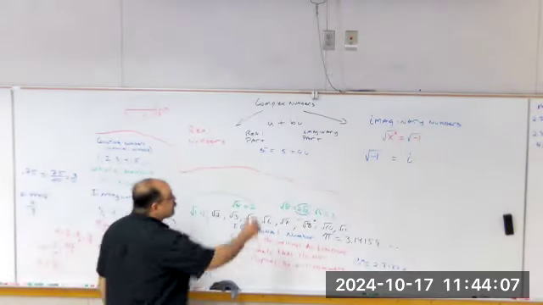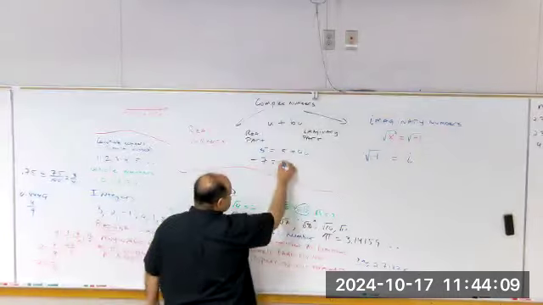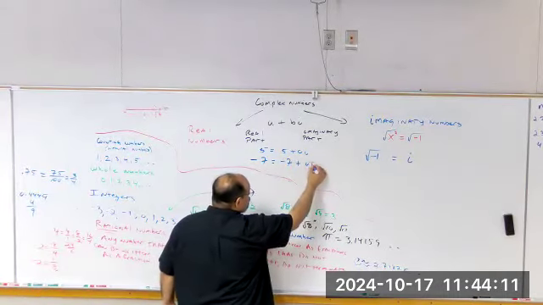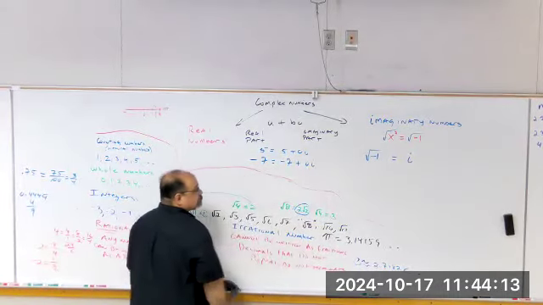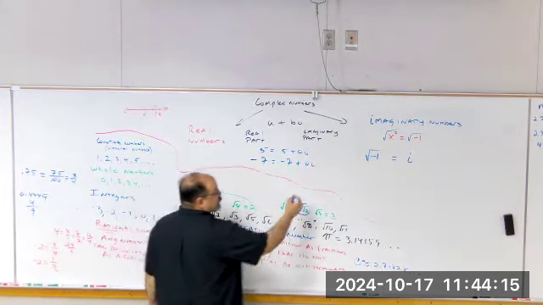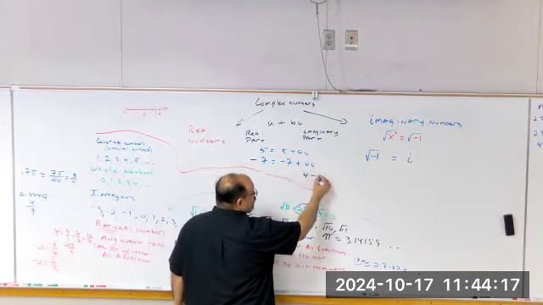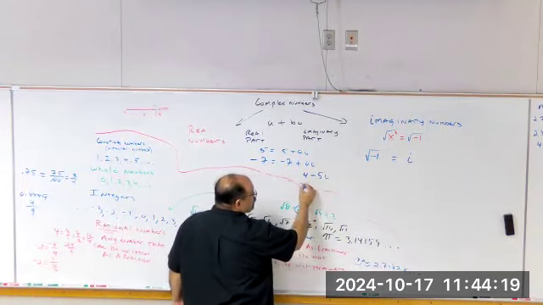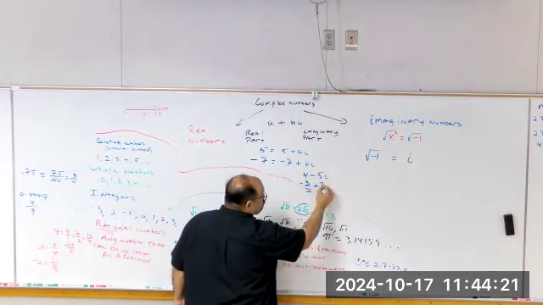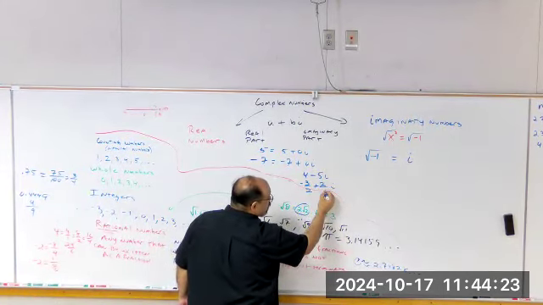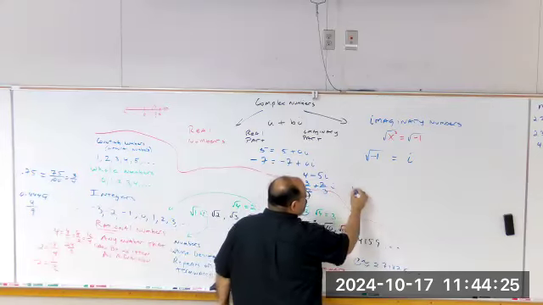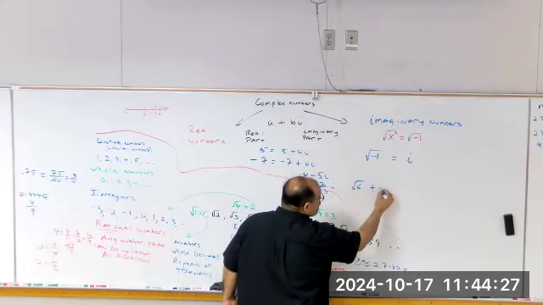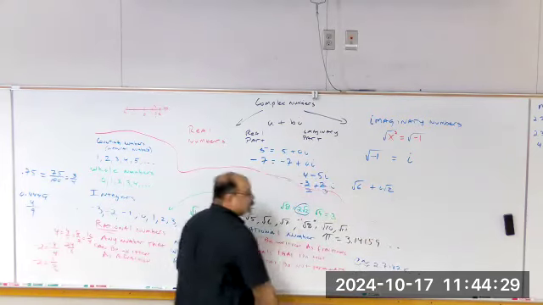And -7 all along has been -7 plus 0i. But you're going to start seeing things like 4 minus 5i, 3 halves plus 2/3 times i, square root 6 plus i square root 2, all sorts of things.